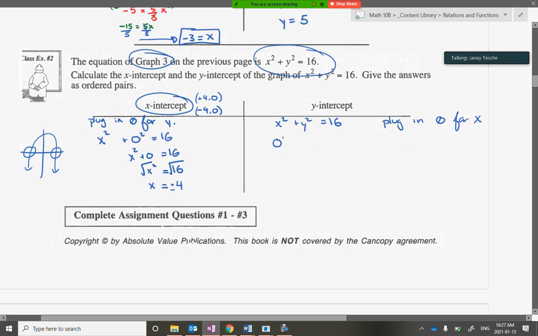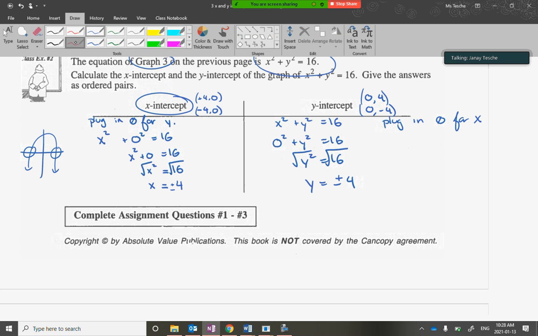So then I get 0 squared plus y squared equals 16. This is like a bonus step to show when I square root it. We're going to get that same answer of y equaling positive and negative 4. But now, because our x coordinate is 0, it's that way. This graph, my apologies, was the circle graph.